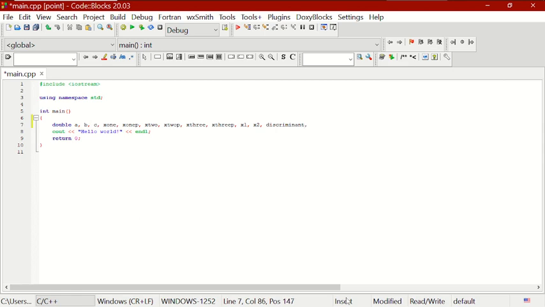We have our root 1, we have our root 2. So we can terminate this now.